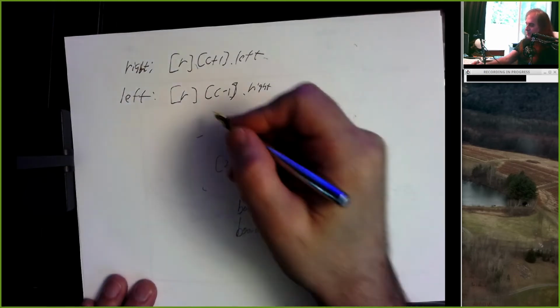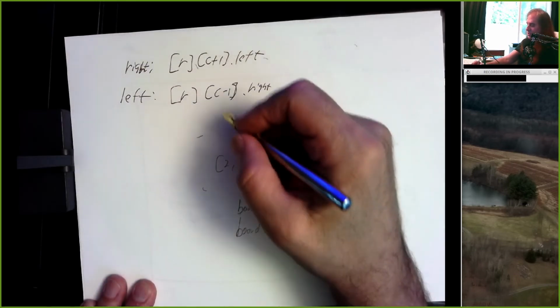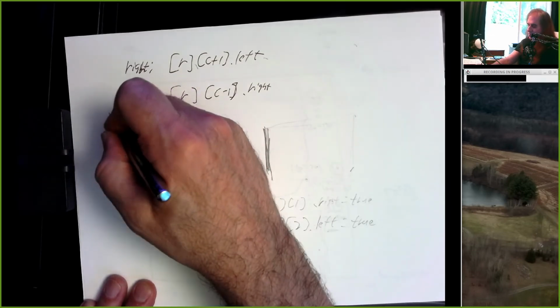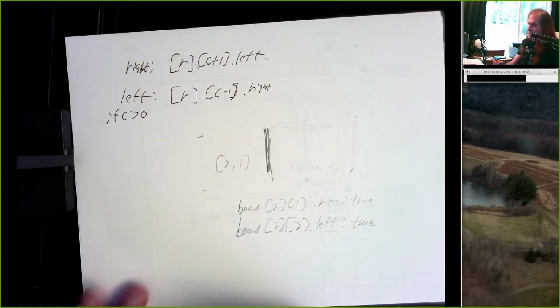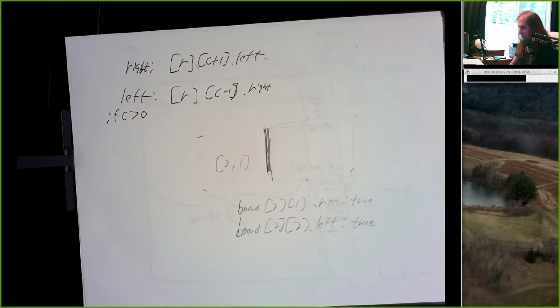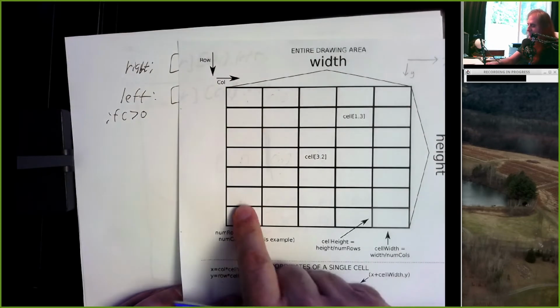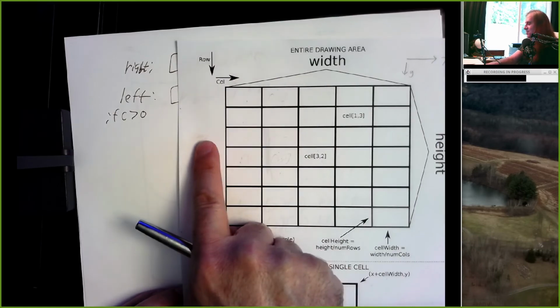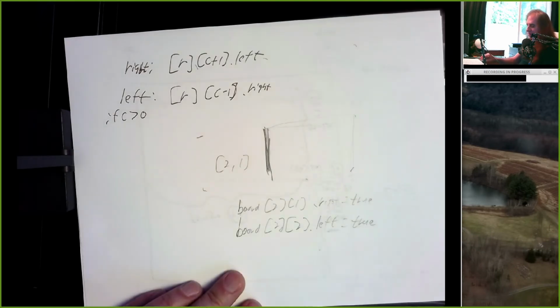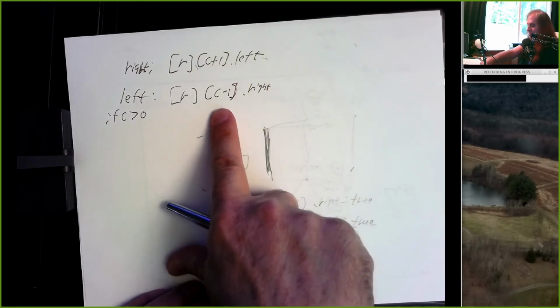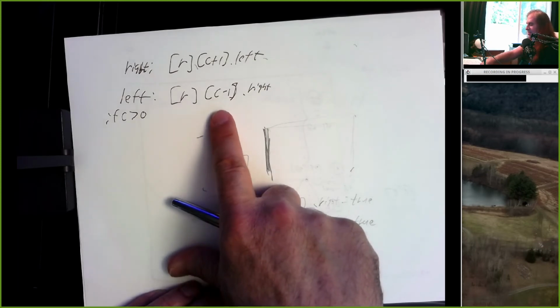So before you do this, you want to make sure column is bigger than 0. Because if column is 0, what's happened? Well, you just clicked the left edge in this leftmost column. In that case, there is no adjacent cell to the left. And if we try to do row and column minus 1, this would be a negative subscript.